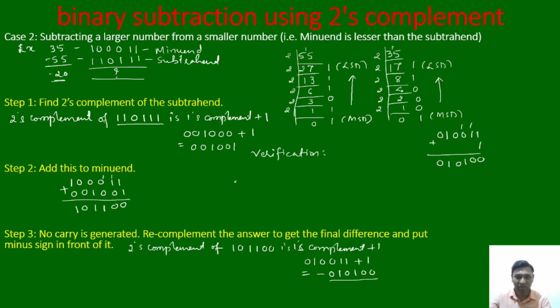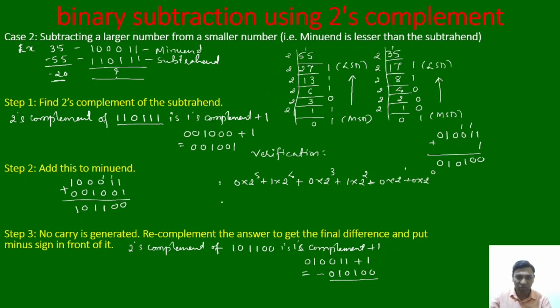So I'll write here 0 into 2 to the power 5 plus, next we have bit number 1. Here I'm going to write 1 into 2 to the power 4. Next we have bit 0 into 2 to the power 3 plus we have bit number 1 into 2 to the power 2 plus we have two zeros, right? So here I'm going to write 0 into 2 to the power 1 plus 0 into 2 to the power 0.